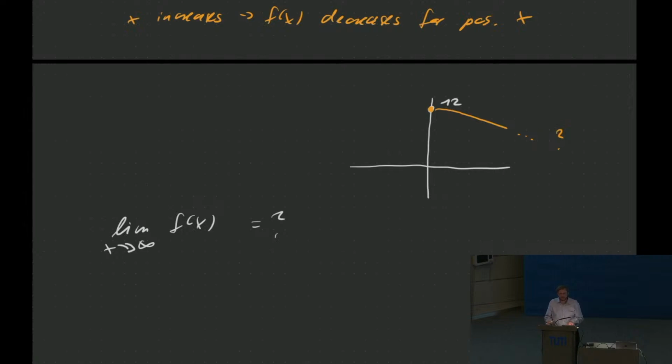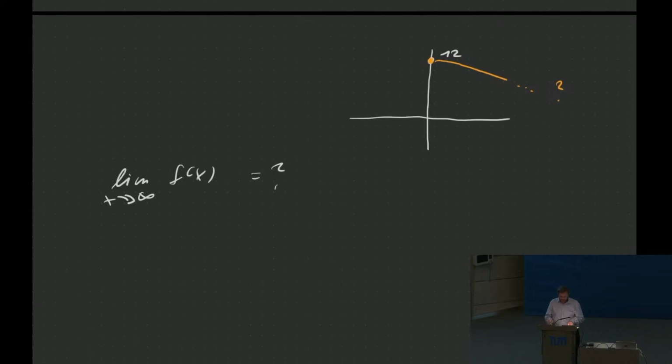All right, so let's complete that. We need to figure out the limit as x tends to infinity of f of x. Let's write down the function definition once again. It's 24 minus e to the power of minus 1 over absolute value of x over 2. Now, of course, x going to infinity means we can safely assume x is positive, right? So we could just do without the absolute value if you want to.